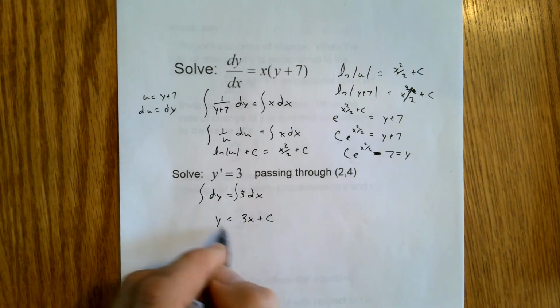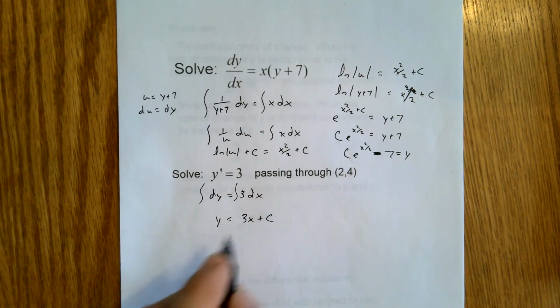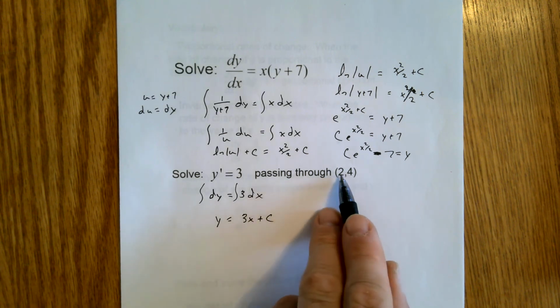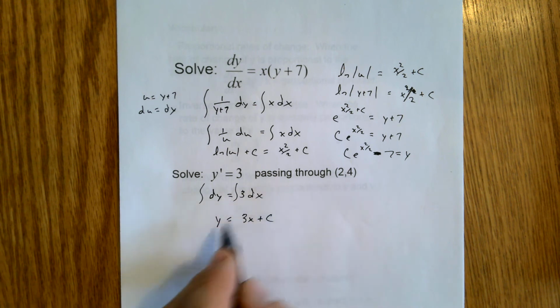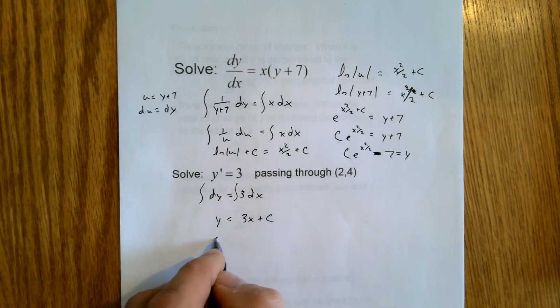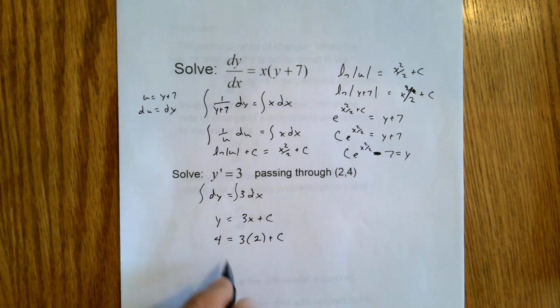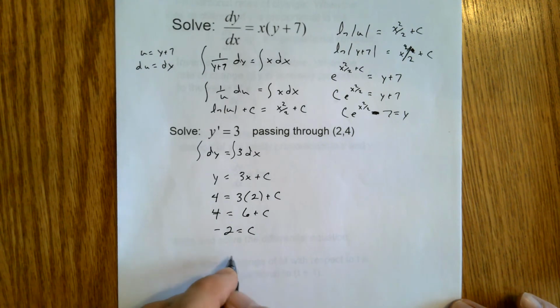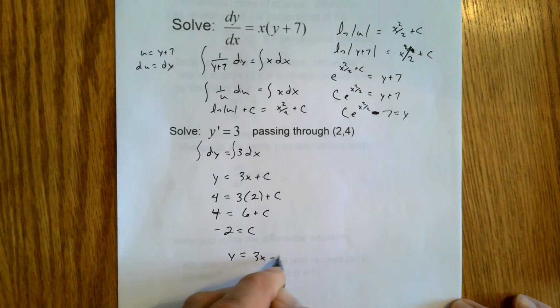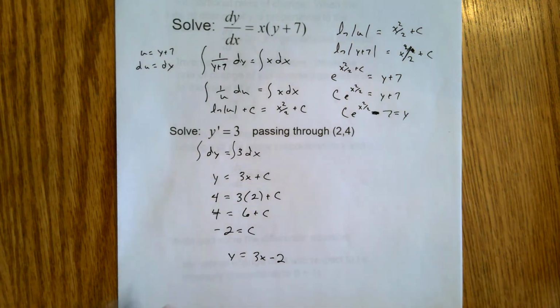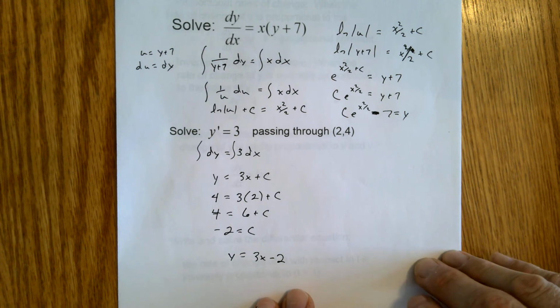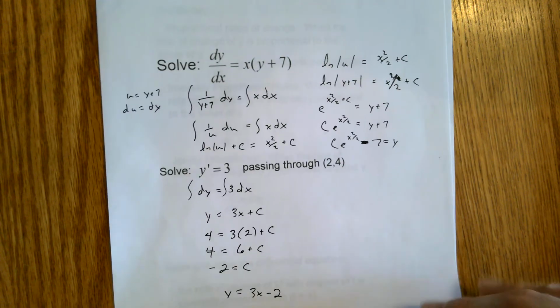Again, there was a plus c there, but I move it over, so I get 3x plus c. I know I passed through the point 2, 4, so I can go ahead and solve for that c value, because I know that 4 has to equal 3 times 2 plus c, or 4 equals 6 plus c, and negative 2 equals c. So I got the equation then y equals 3x minus 2. And that'll be my final answer. That'll be my equation.